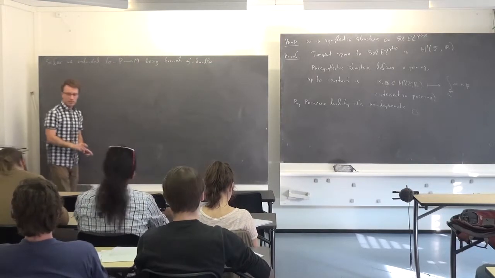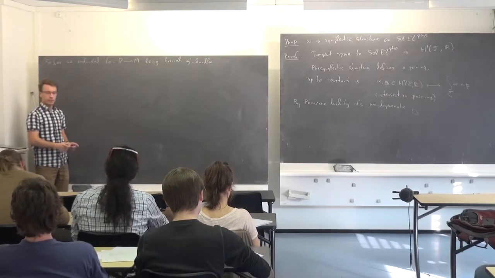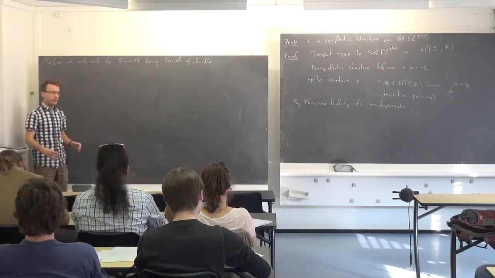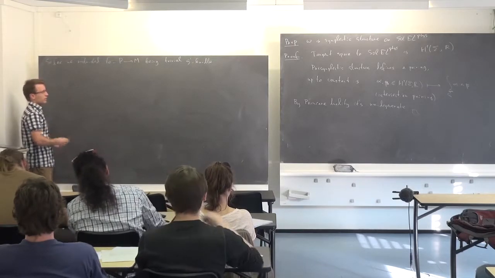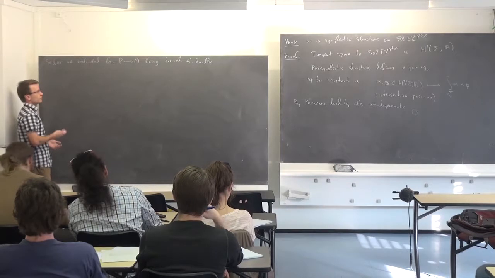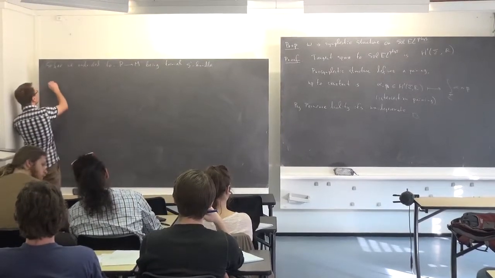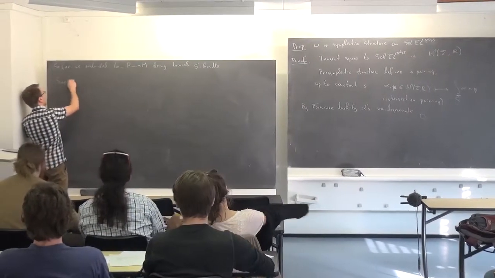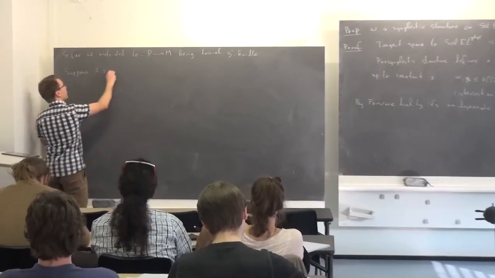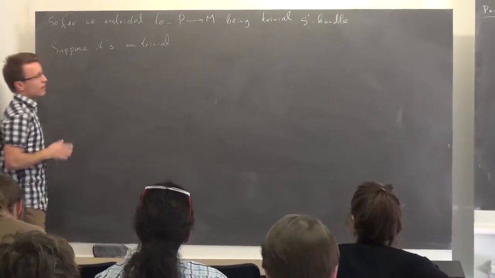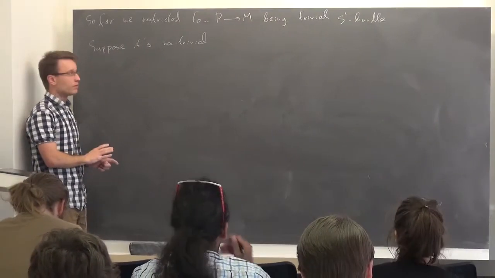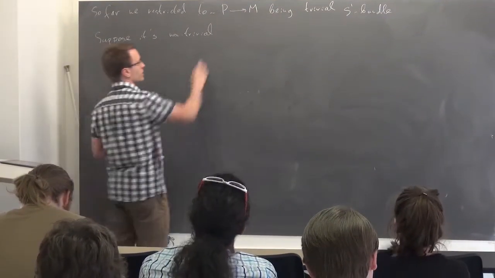So since it's a trivial principal S1 bundle, the connection form is just a globally defined 1 form. Now let's just ask more generally what happens if the principal bundle is not trivial. So how can you define the action for Chern-Simons theory in this case?